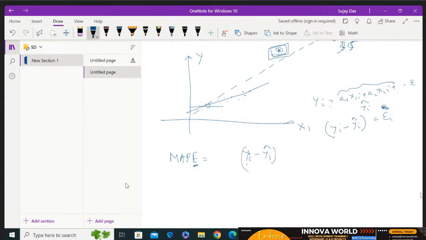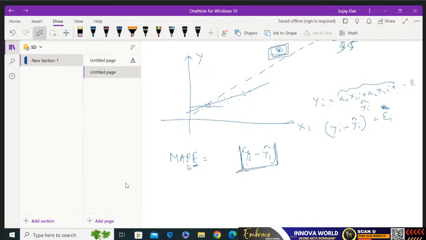Then the percent error, right? Absolute percent error. This is the mean absolute percent error. So first we have written the error, then the absolute percentage. How can we find it? The absolute part comes, then for percent we have to write yi into 100%, right?